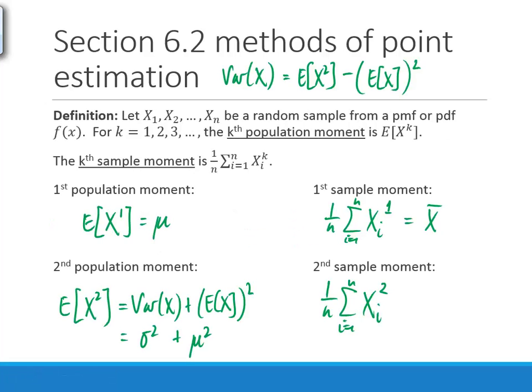We looked at this briefly on Wednesday, right at the end, so I wanted to put this up here again. Here are some definitions, distinguishing between a population moment and a sample moment. The population moment is an expected value, so these will involve the parameters.